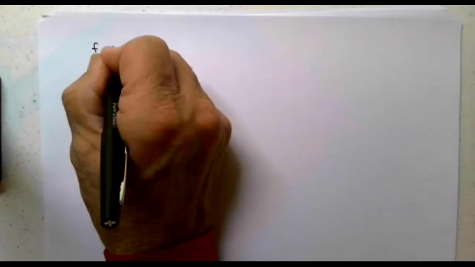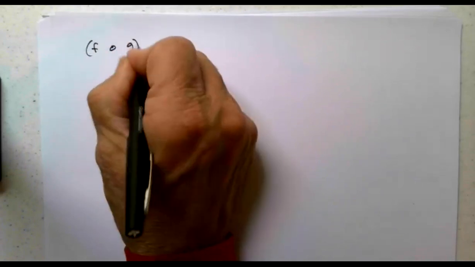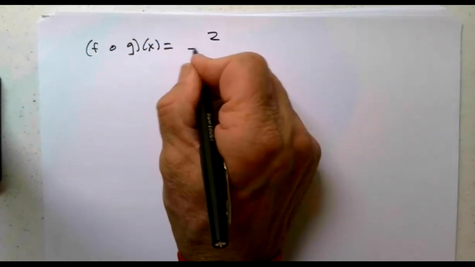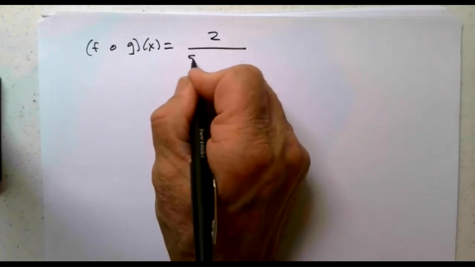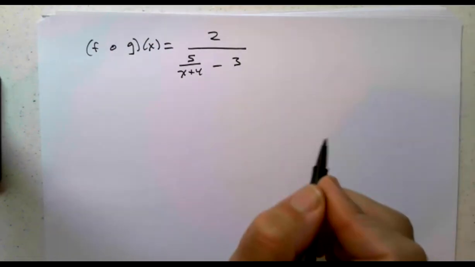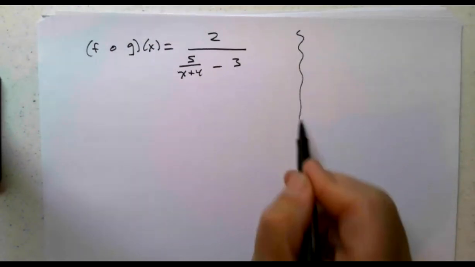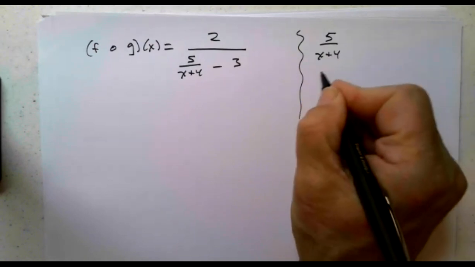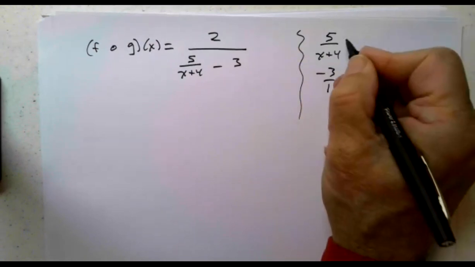So let's do some simplification. f circle g of x is 2 over 5 over x plus 4 minus 3. I'd like to simplify the bottom. 5 over x plus 4 minus 3 over 1.